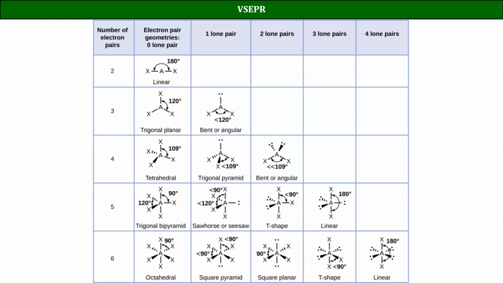But just because we can't see the lone pair doesn't mean that this flattens out and becomes trigonal planar. It means that we have something that doesn't look like it's fully tetrahedral, but it's based around a tetrahedral shape. So the electron geometry is tetrahedral.